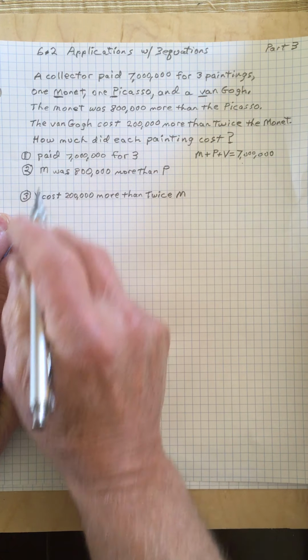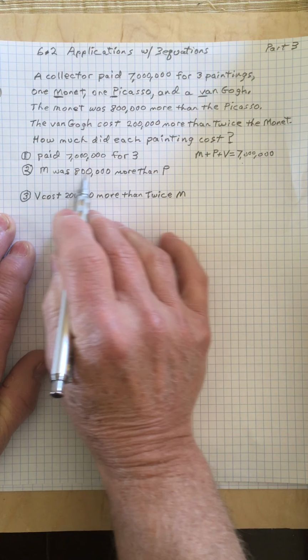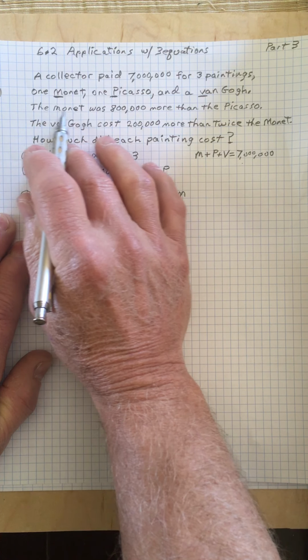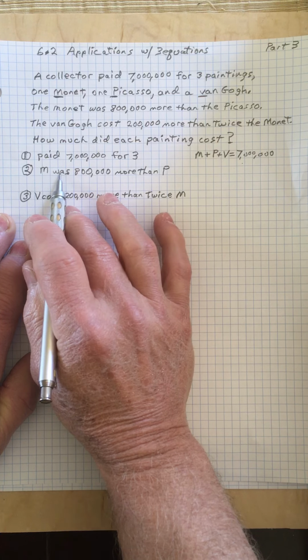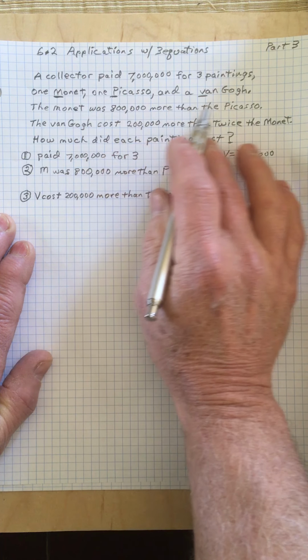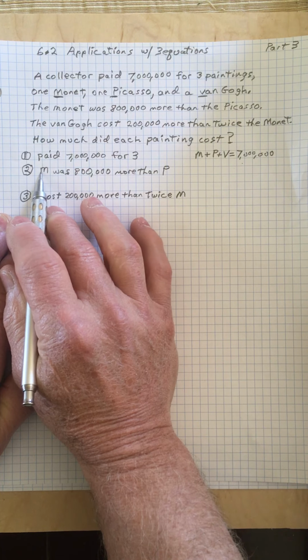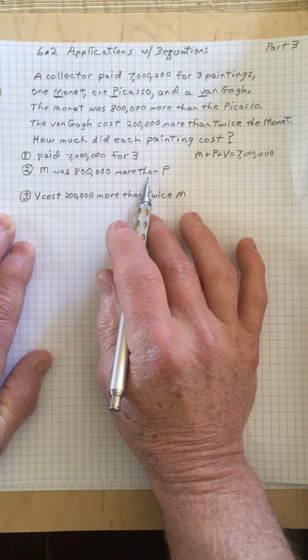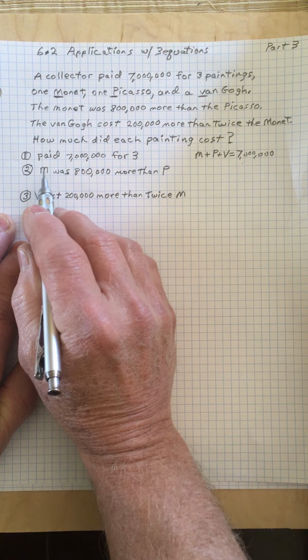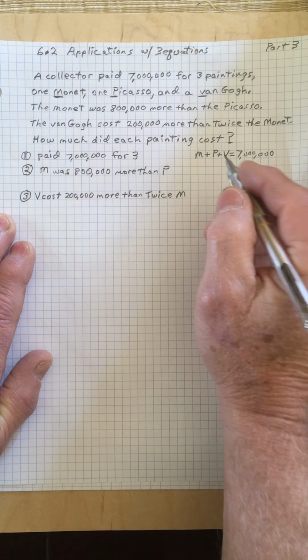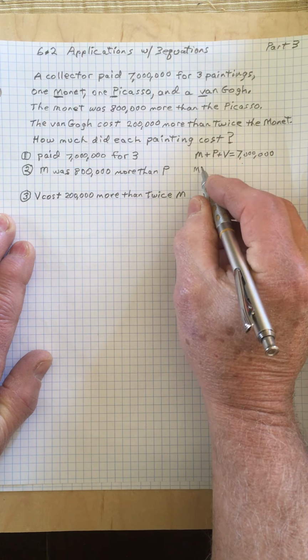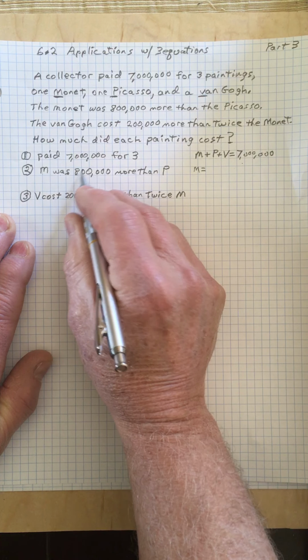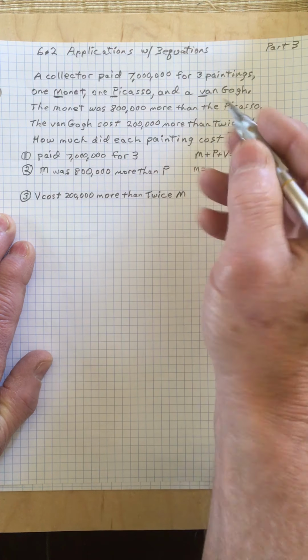Okay, let's keep reading. The Monet was 800,000 more than the Picasso. So Monet was 800,000 more than Picasso. So that's M equals 800,000 plus more than.